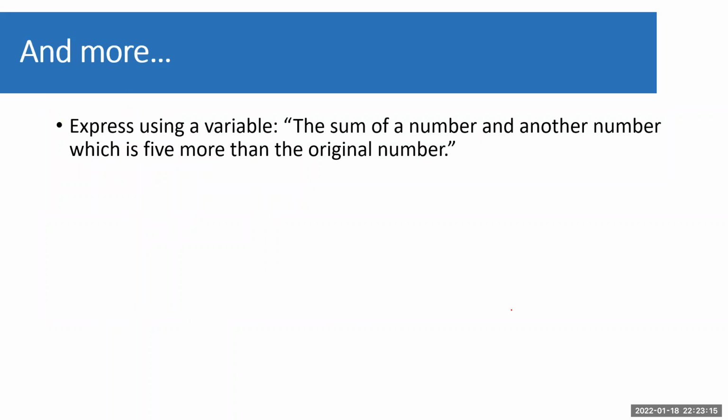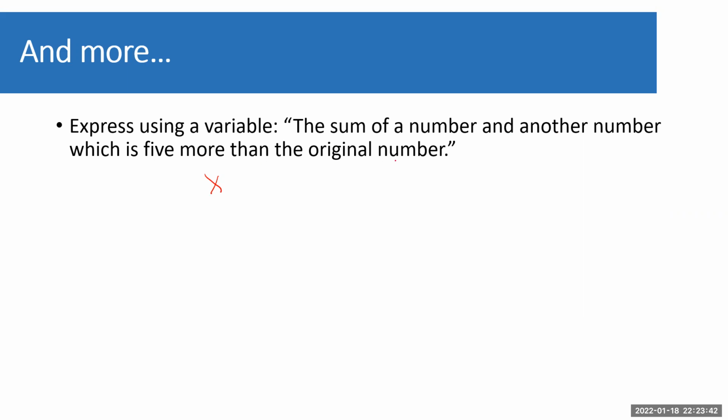Now, let's express this using a variable. The sum of a number and another number, which is 5 more than the original number. So we have a number plus a number, but we know that the second number is 5 more than the original number. So let's put everything in terms of an x. So we know that x is involved, and this other number is 5 more than the original number.